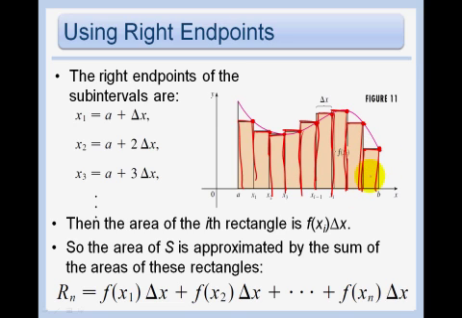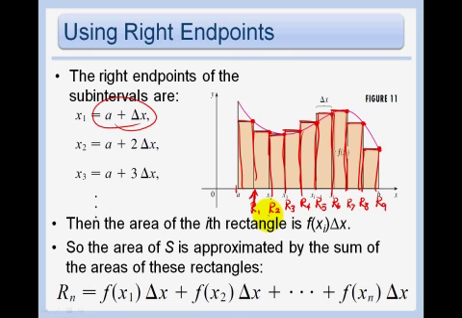Okay? And so we're starting, of course, here. This is my R1, R2, R3, R4, R5, 6, 7, 8. There were 9 rectangles here. And so, of course, if I started at A, then my first endpoint for right endpoints would be at A plus delta x, because I'm using a right endpoint.